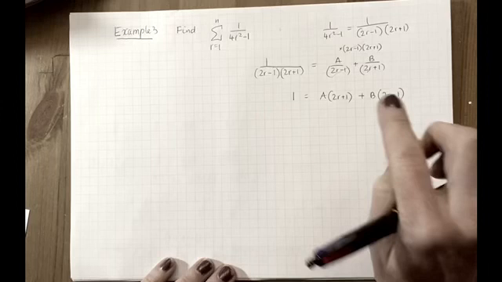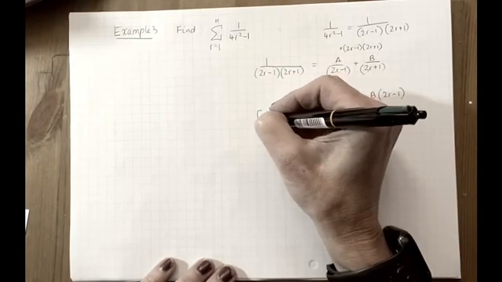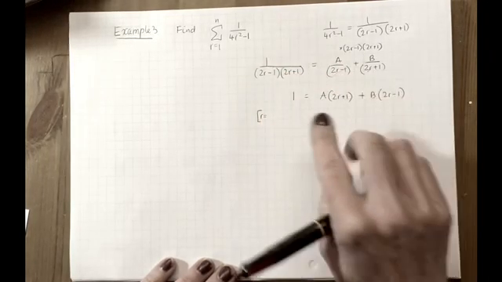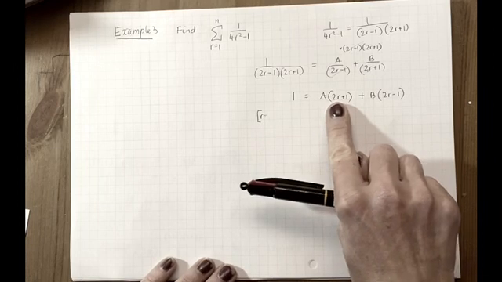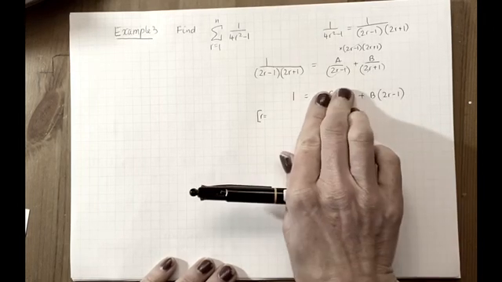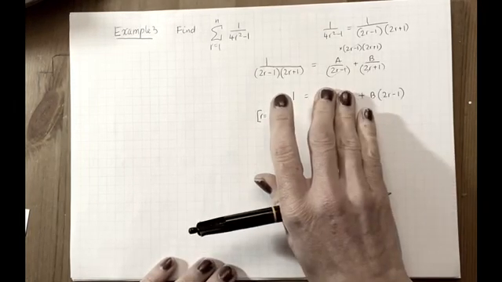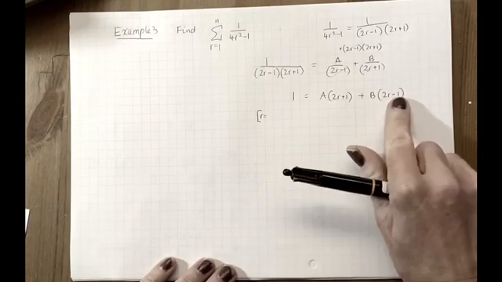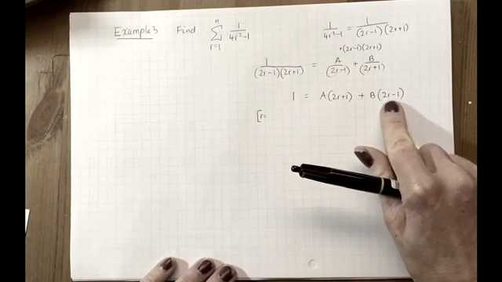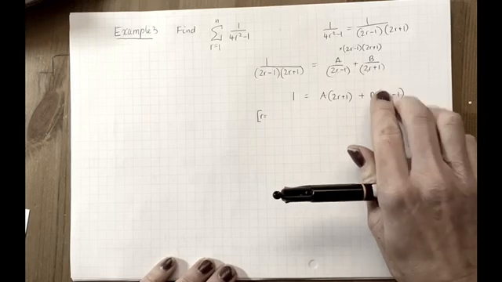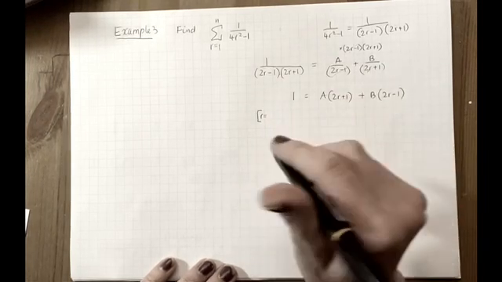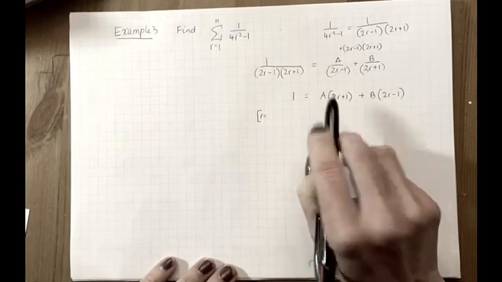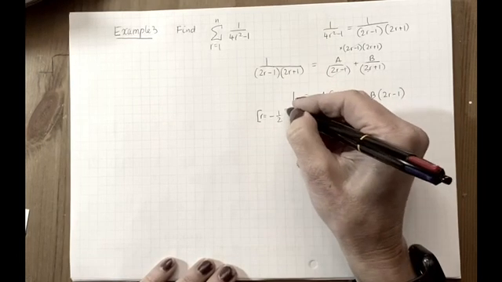We are going to use the same method as before. We substitute the value that makes this bracket disappear, making that whole thing equal to 0, and you'll be able to find what b is. The value that makes this bracket disappear is minus a half.